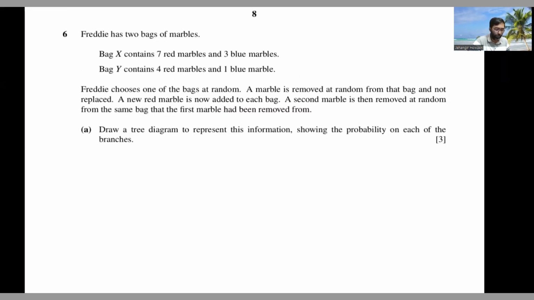Whenever we are doing a tree diagram, we have to find the sequence. First, we choose the bag, then pick the first marble, then pick the second marble. First branches are about the bag to choose, bag X or bag Y. There is one bag of each, so both are equally likely, the probability is 1/2.